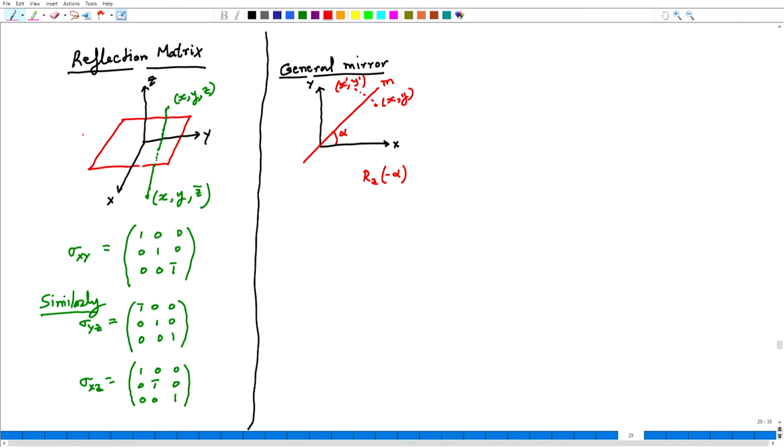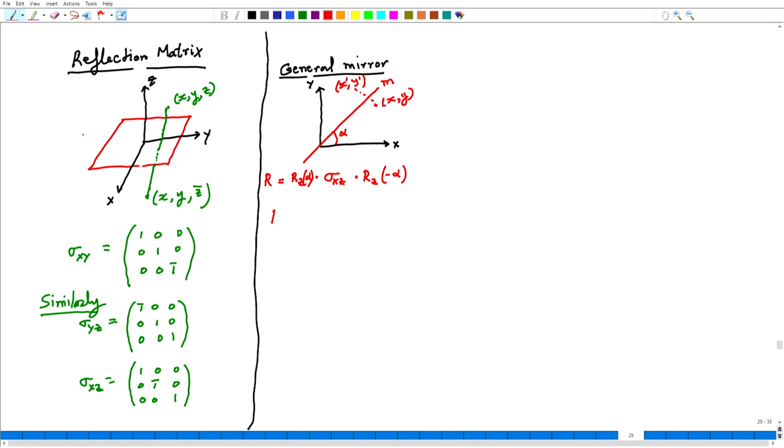Then the y axis has become normal to the mirror, and therefore I should write the operation of sigma xz after this. This will do the reflection operation on the xz plane and then bring everything back from where we started. That means rotate around the z axis through an angle of plus alpha, and this would become the matrix for this mirror. Let us take this as an exercise.